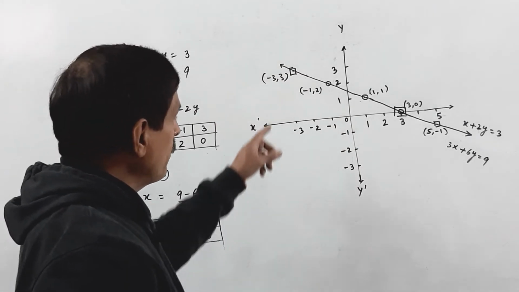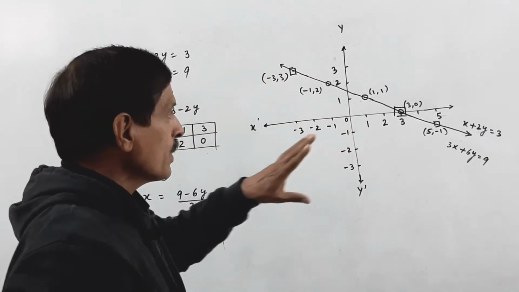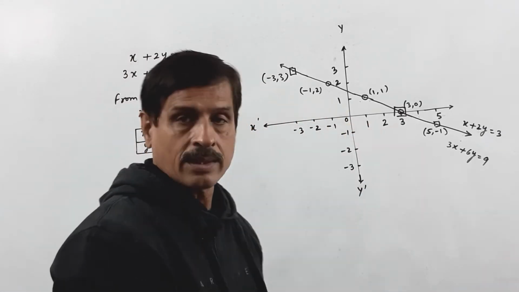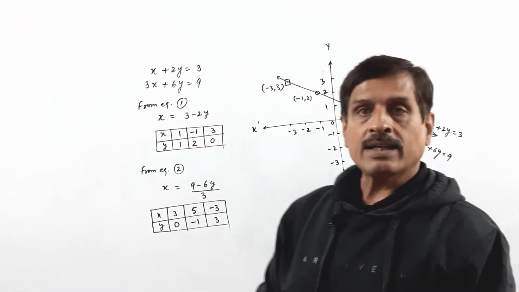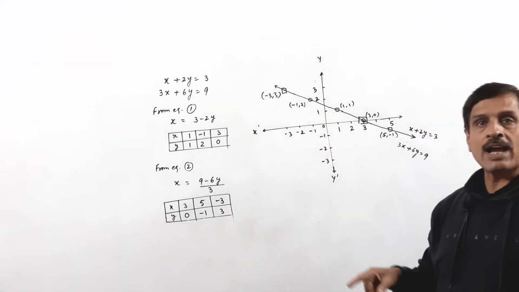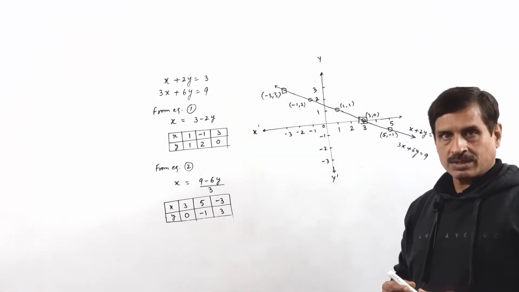When we join these points, we obtain all these points on the same line. It implies that the two lines are coincident and thus the equations have many solutions.